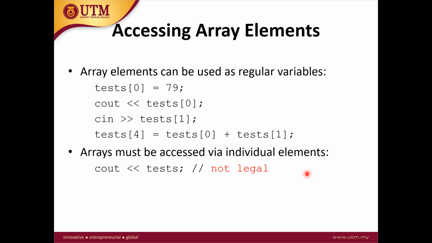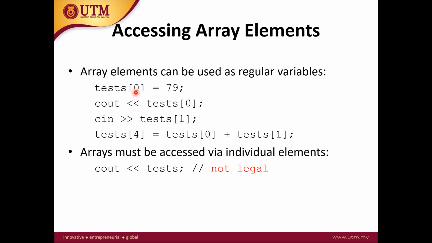Let's say we have already declared this array, and the size of it is 5, and we are going to assign a value to each index. So we can't say test equals 79. No, we can't, because this test is composed of 5 different elements or 5 different indexes. We can access each element by putting the index of it between the brackets.